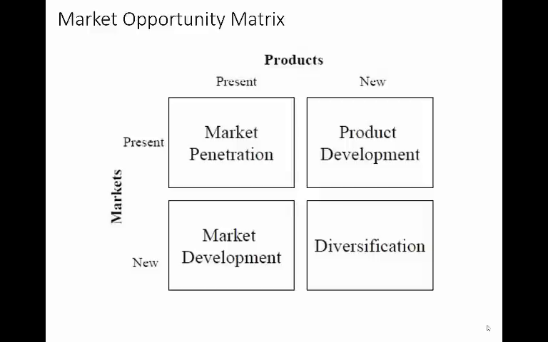Now, I mentioned market penetration is successful 75% of the time. Product development and market development have about a 50-50 success rate. Diversification fails 75% of the time. But the key to when it is successful versus when it tends not to be successful is tied to the organization's skills.